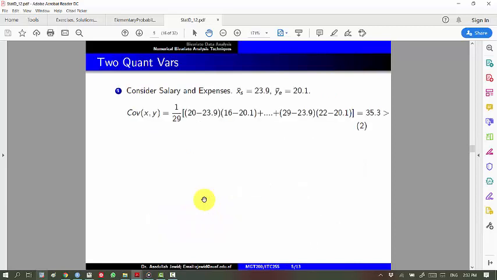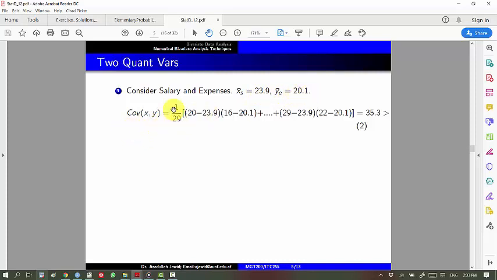Consider salary and expenses as two quantitative variables. I have already calculated their means. The mean of salary is 23.9, in other words 23,900. The mean of expenses is 20,100.